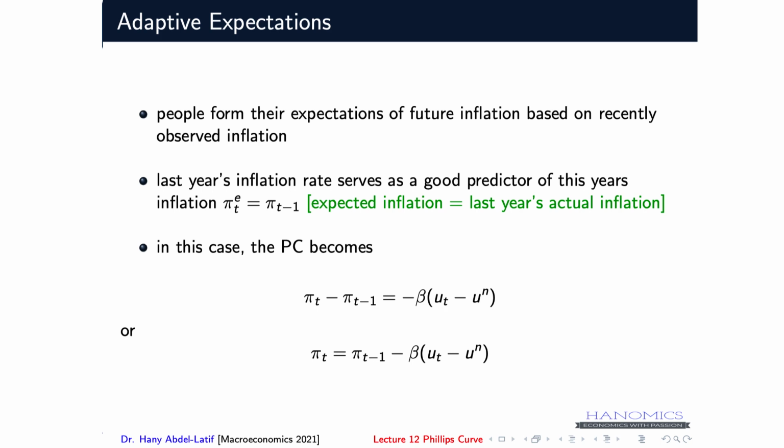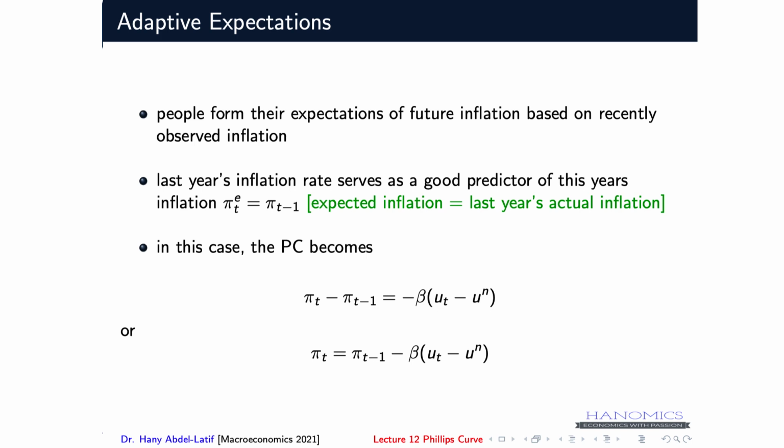This expectation-forming mechanism is called adaptive expectations. Basically, to form expectations about the inflation rate in time t, people look at what happened in time t minus 1.